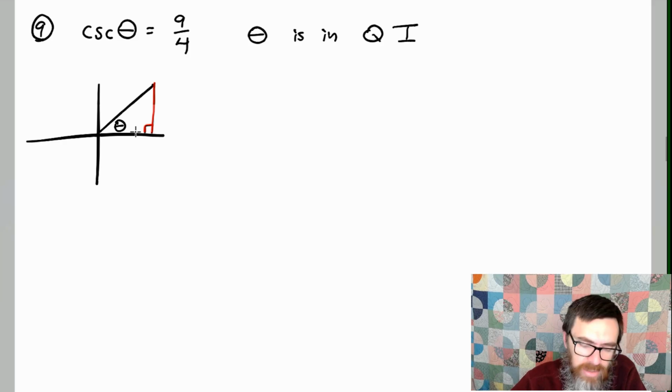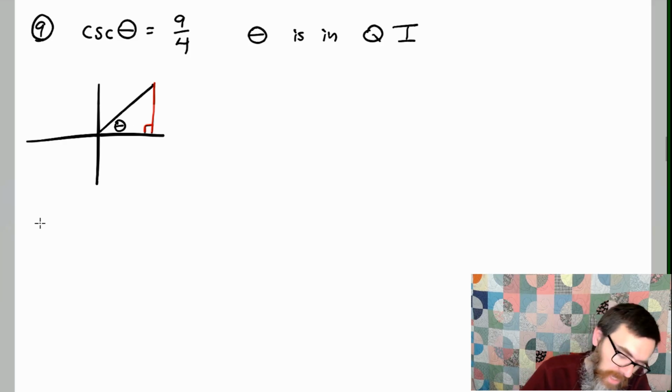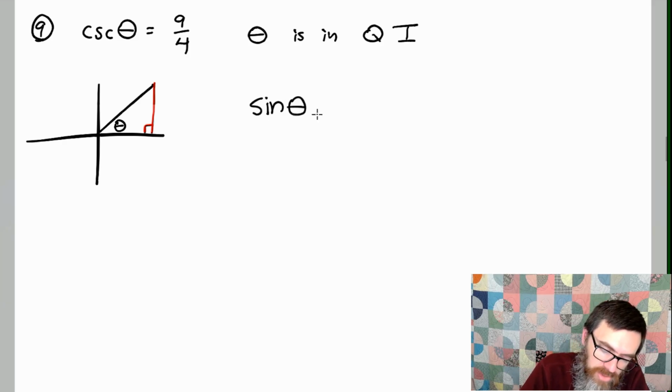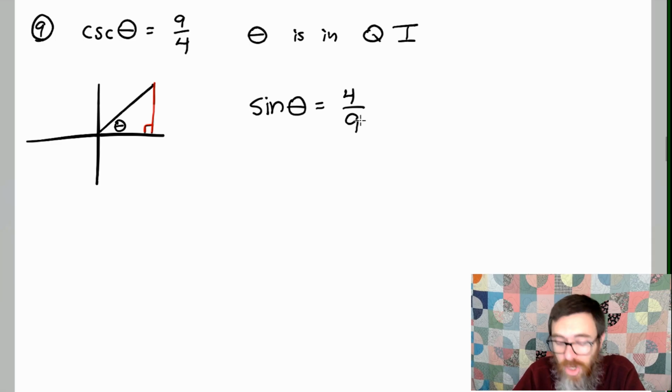So here's what I'm going to think for this one. I know that cosecant and sine are reciprocals of each other. So that means that right now, sine is supposed to be the reciprocal of that, which is 4 over 9. And I can use that with SOHCAHTOA to start labeling my diagram.